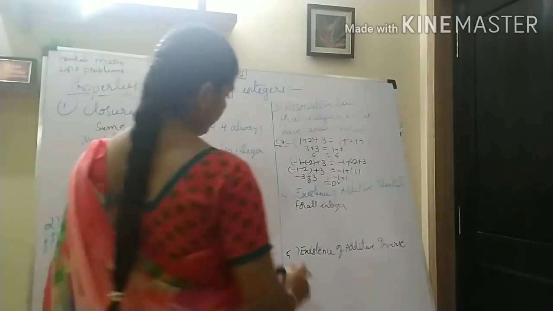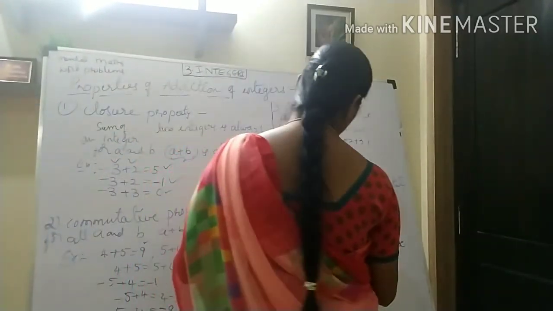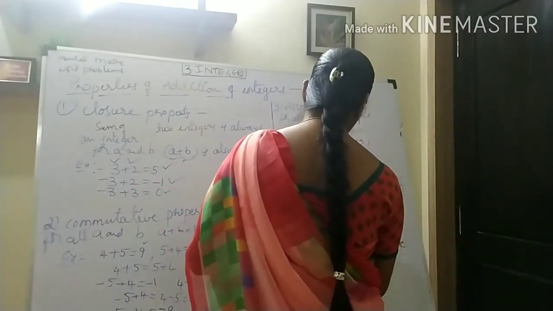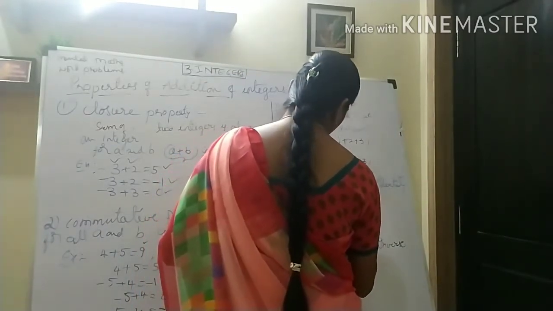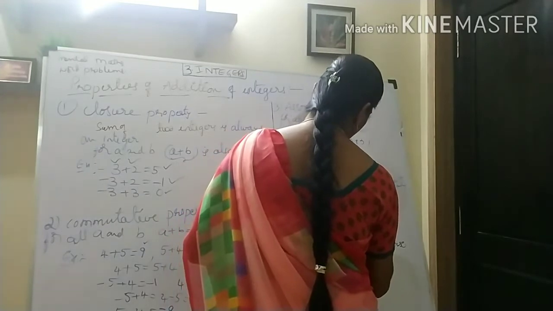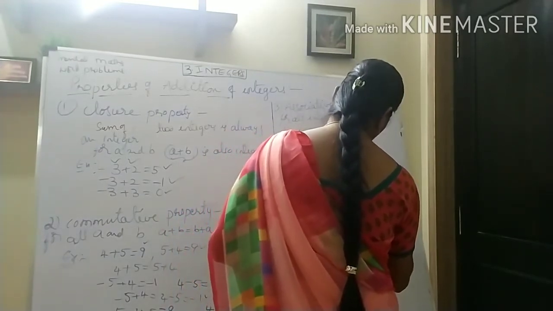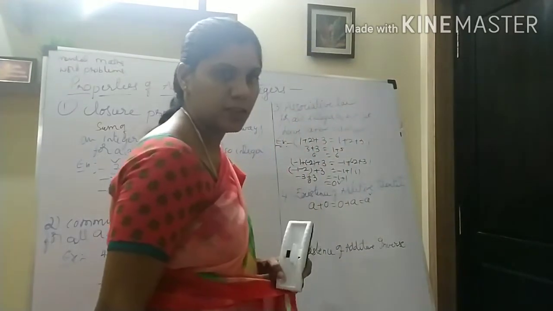So additive identity means, I will explain with an example first. A plus 0 equal to 0 plus A equal to A. In place of A, you can take any integer here.